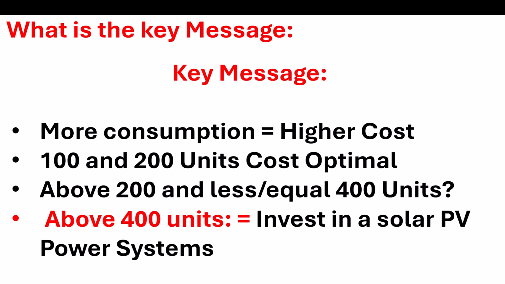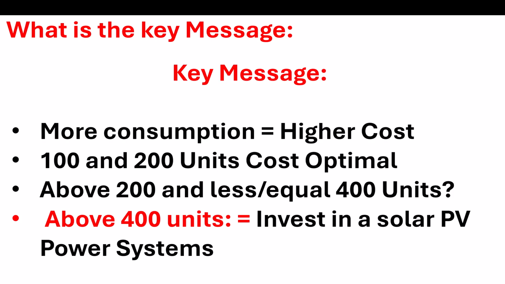So what is the key message that we've been trying to drive across? That is, starting from part 1, part 2, and now part 3, which completes everything, the more consumption of electricity or electrical energy you do, the higher your cost of electricity. We have also seen that between 100 and 200 units per month, the cost is optimal.